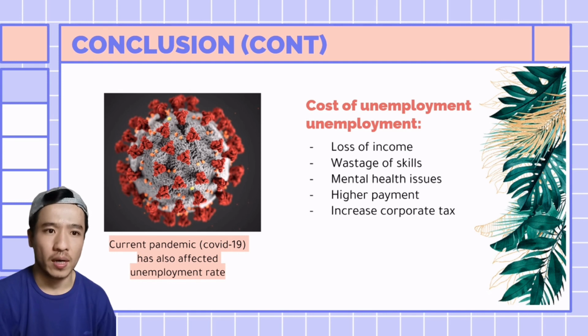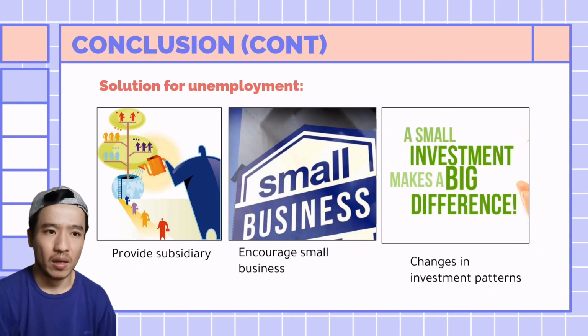It also leads to higher payment from state and federal governments and increased corporate tax. The fifth is some solutions for unemployment, including providing subsidies, encouraging small business against big businesses, and change in investment patterns.